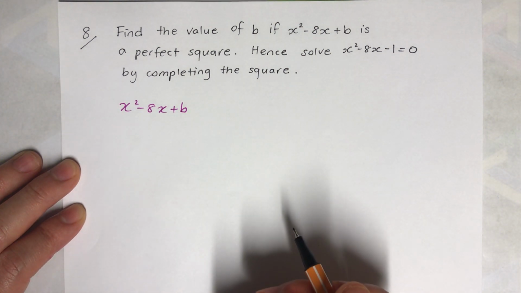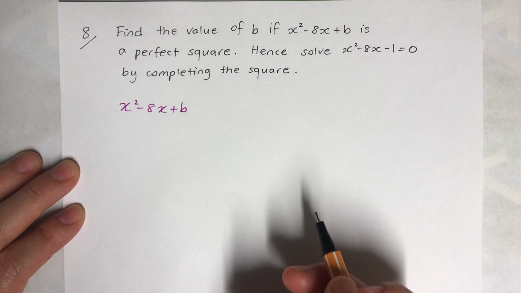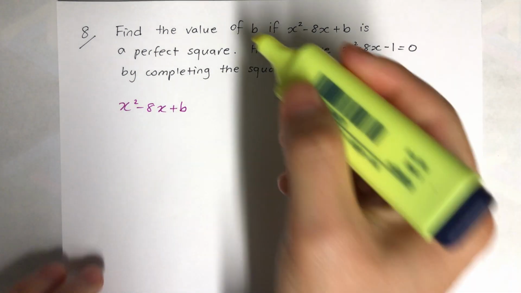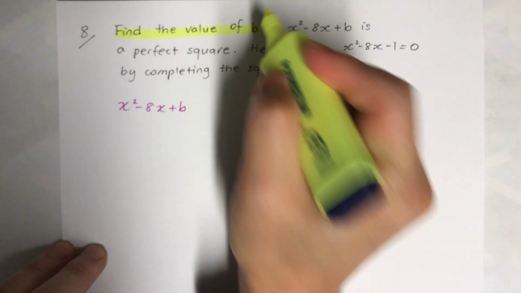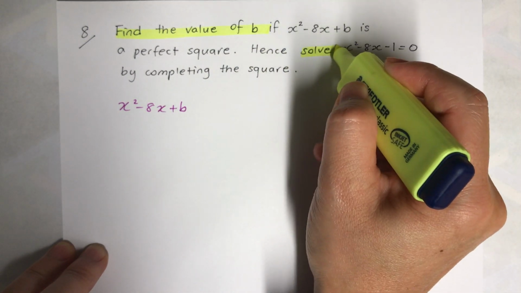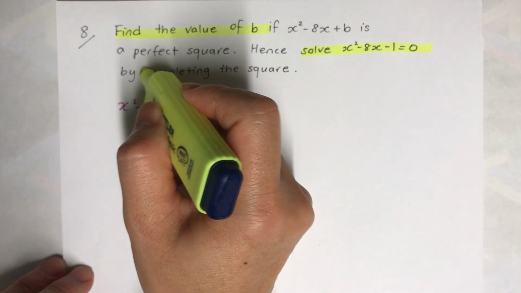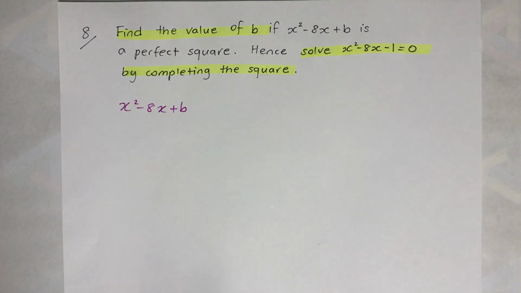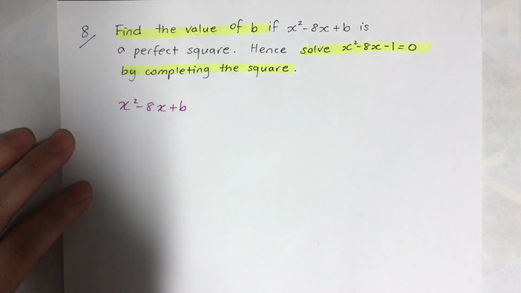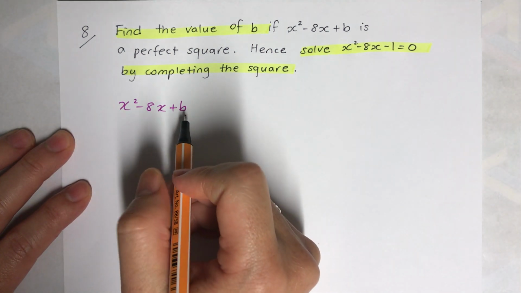It needs to be a perfect square. So we need to find b, and then we hence solve this by completing the square. So with this, we need to think about the rule for completing the square.